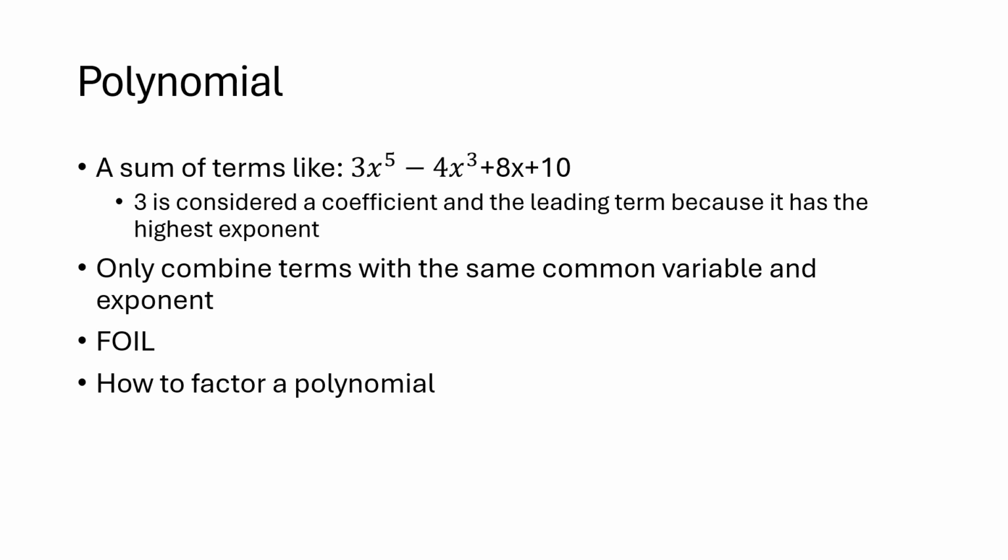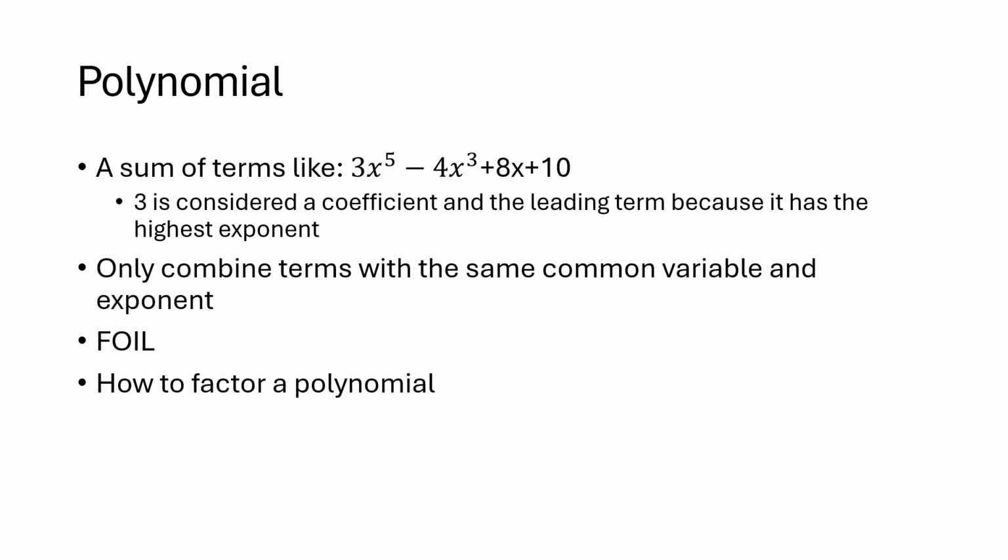Polynomials are going to be just a way to comprise terms. These can be in the sense of monomials, polynomials, etc. So the equation on the slide is an example of a polynomial. Something to take notice of is, what is a leading term? A leading term is going to consist of the highest exponent power.